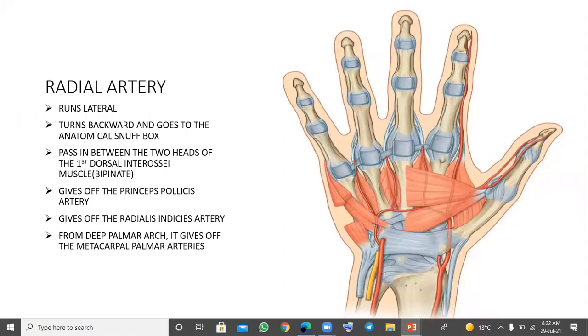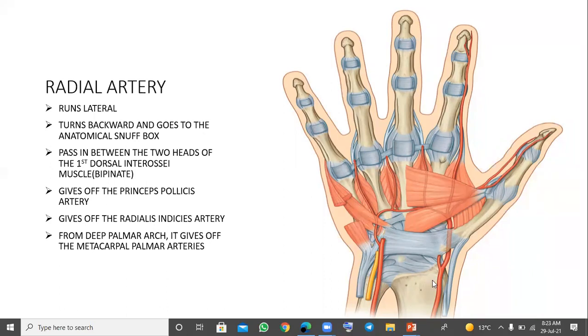So let's look at the radial artery. So let me talk about the radial artery.